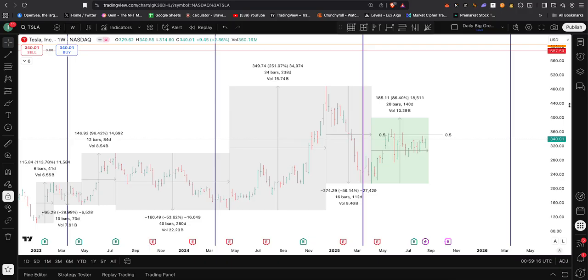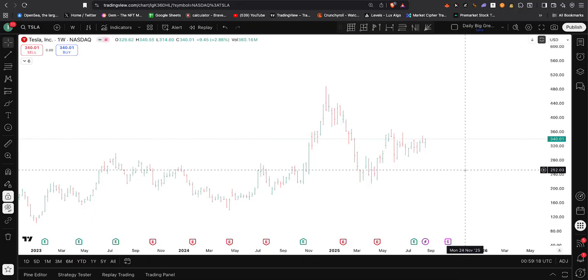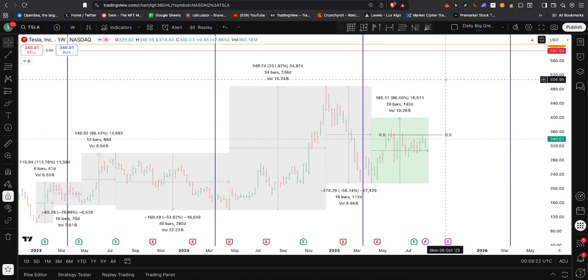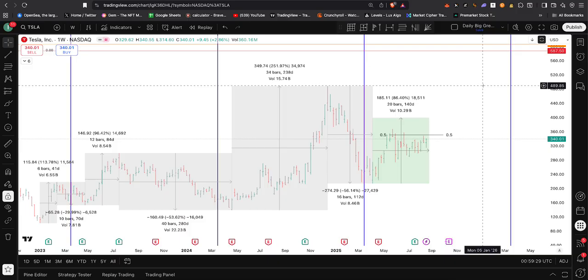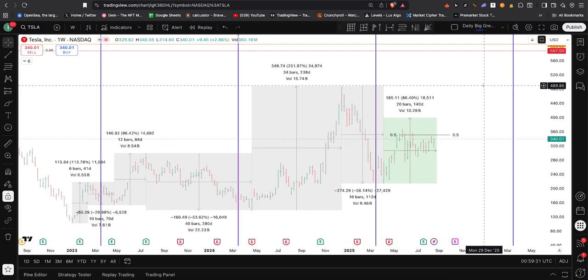I do think so, and it's been getting very tight on the weekly chart here. So some sort of big move is coming. My bias is to the upside, okay, on Tesla, and Tesla being a Mag 7, SPX is looking pretty hot. Tesla, I think, has a decent shot of doing something good, right?